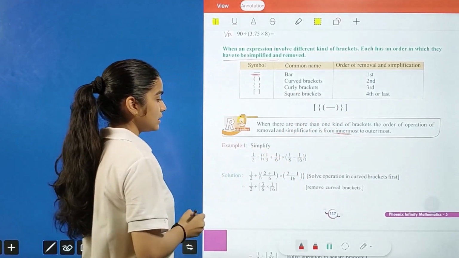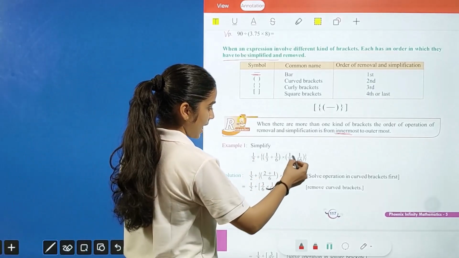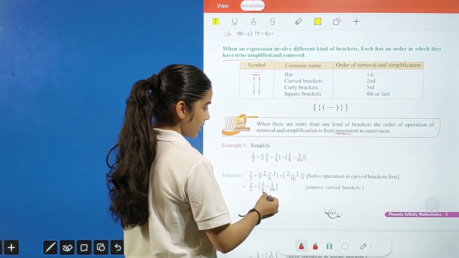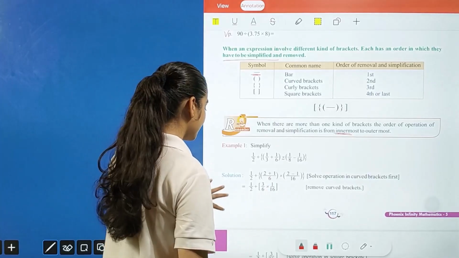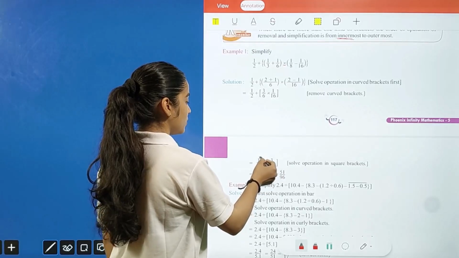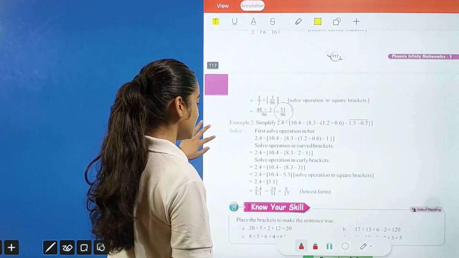So 1/3 plus 1/6 will be 3/6, and in this, 1/8 minus 1/16 is 1/16. Now we have to multiply them. So 3/6 multiplied by 1/16 you will get 3/96. Then you have to add it to 1/2. So at the end you get 51/96.